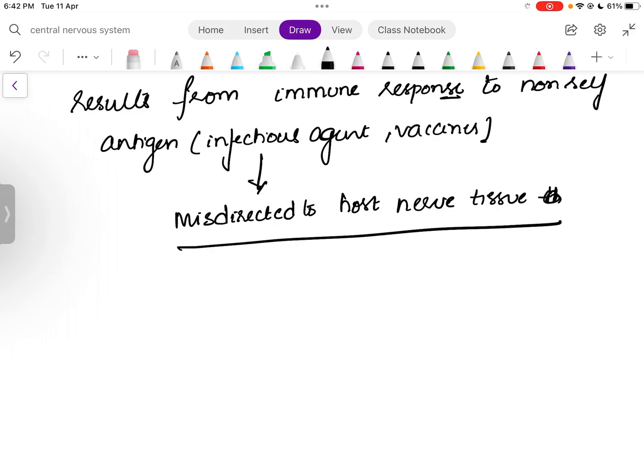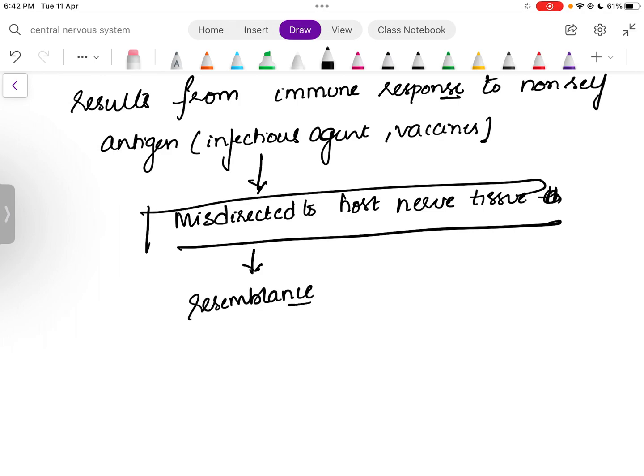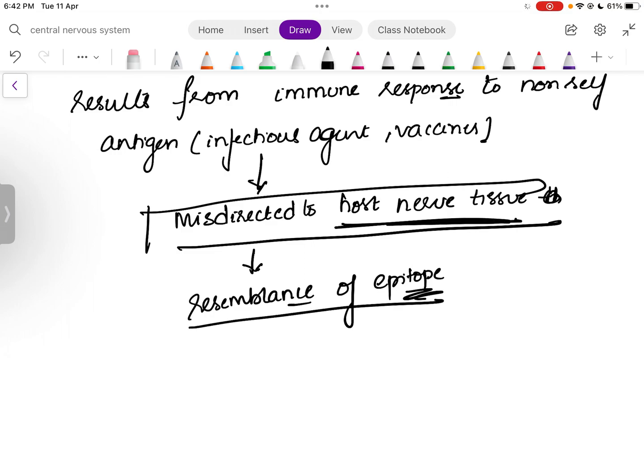Why is there a misdirection to the nervous tissue? Because the host nerve tissue resembles the epitope of an infectious agent.